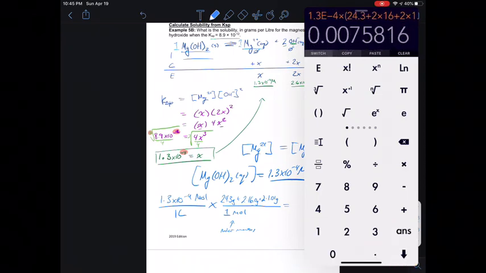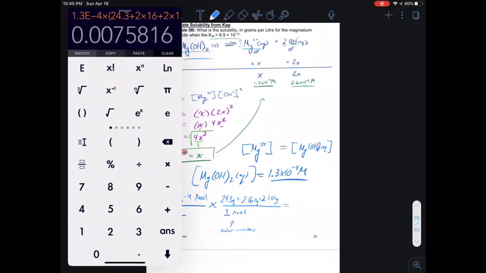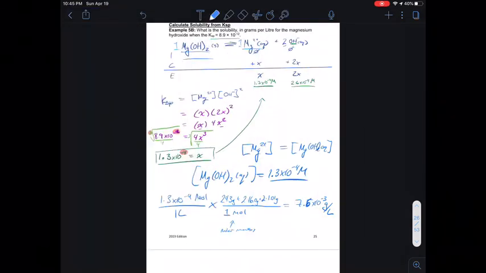Close that bracket, and the result is 7.5 times 10 to the negative 3 grams per liter. And so that is how you can convert from moles to grams.